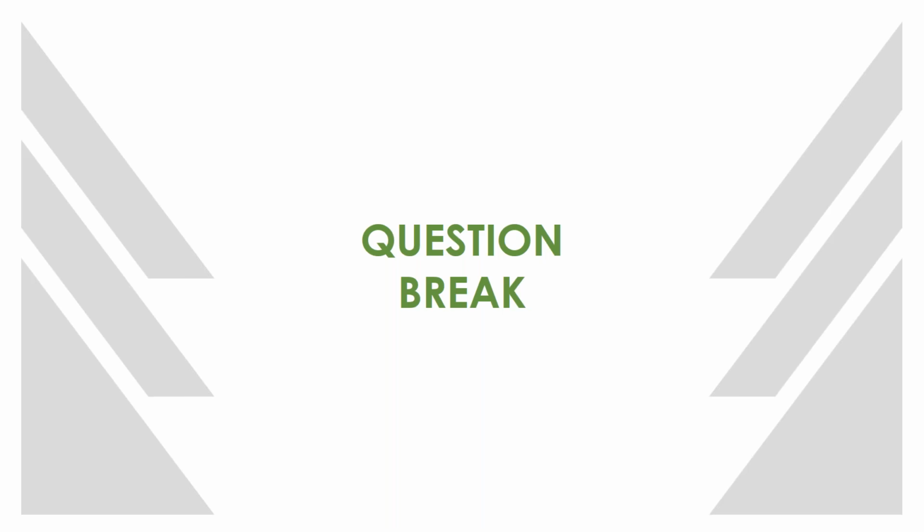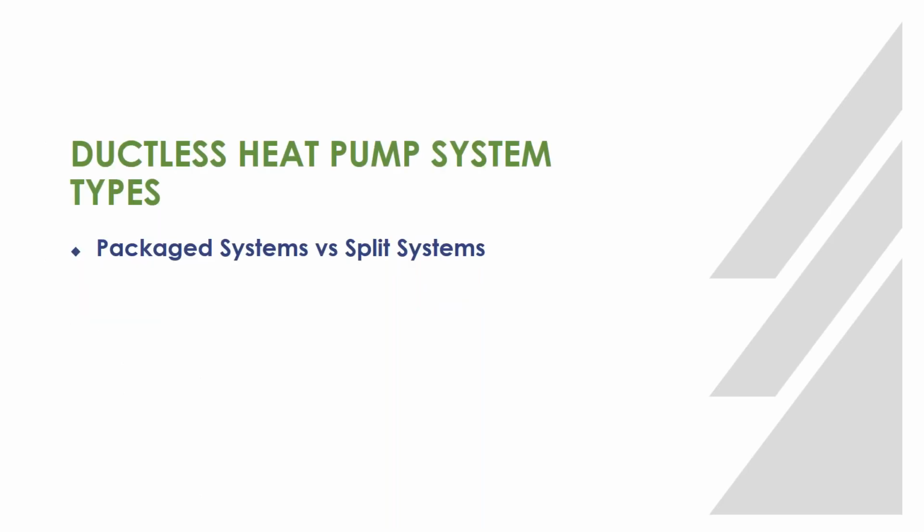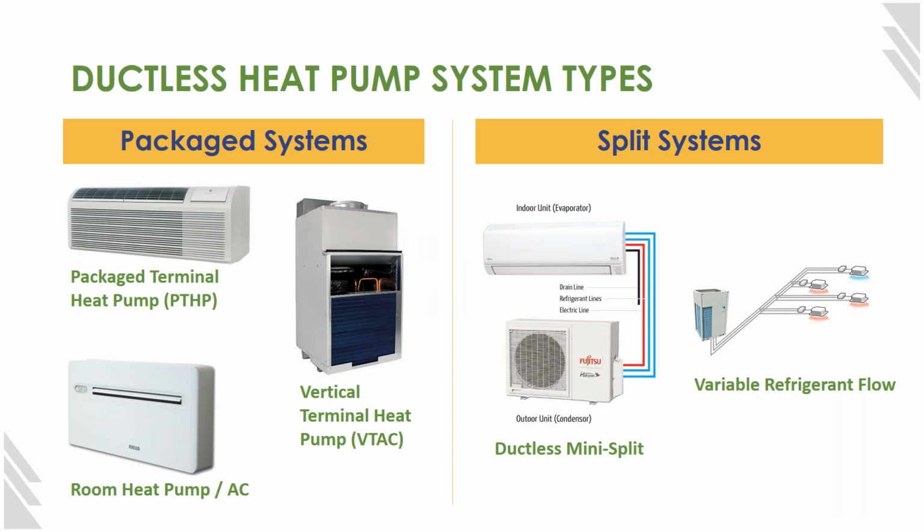Okay, great. All right. So let's talk through some of the different ductless heat pump system types. Just remember we mentioned packaged and split systems. Within packaged systems, we have three main system types we're going to look at today. We have packaged terminal heat pumps, or PTHPs. We have vertical terminal heat pumps, which are similar but slightly different, and we'll look at it.